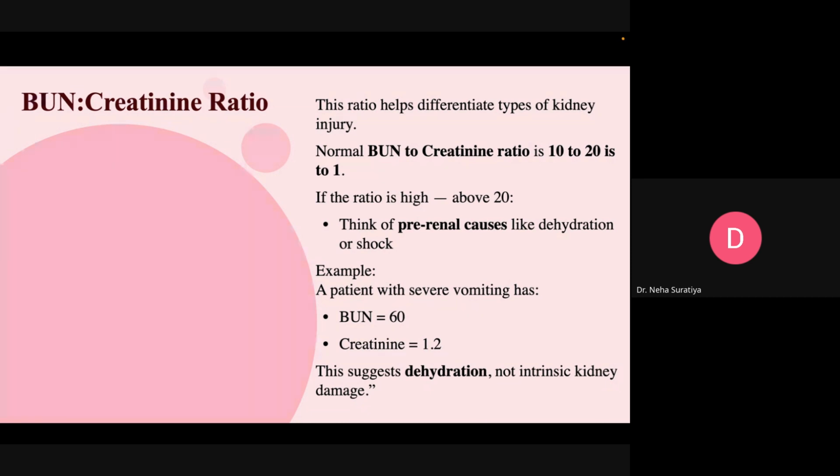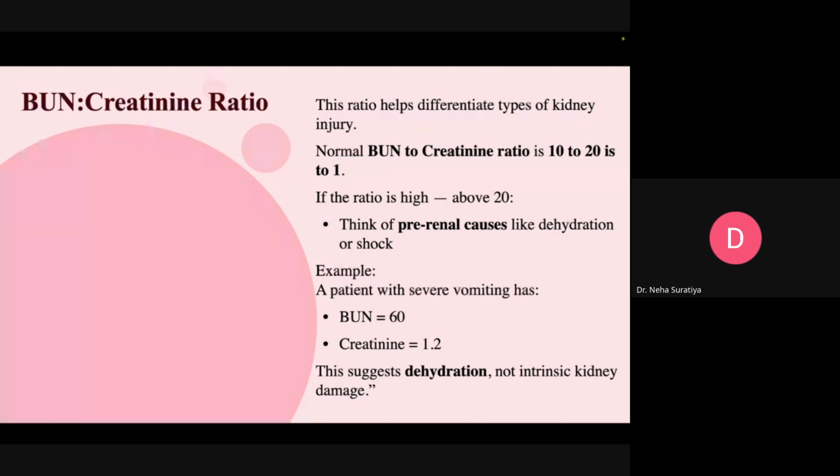Now, this clearly suggests the ratio will be about 20. So that is a dehydration case, not intrinsic kidney damage, right? So this is how you can link it and differentiate the type of kidney injury, whether it is truly kidney injury or not, right?